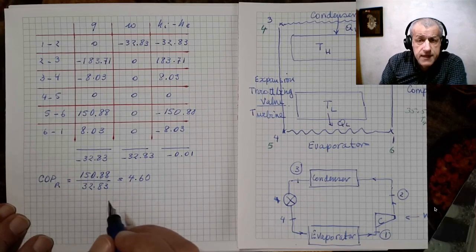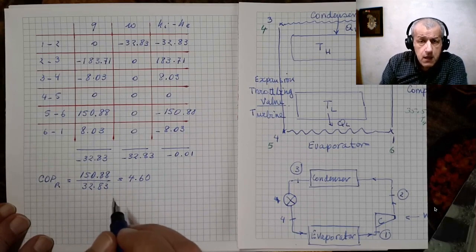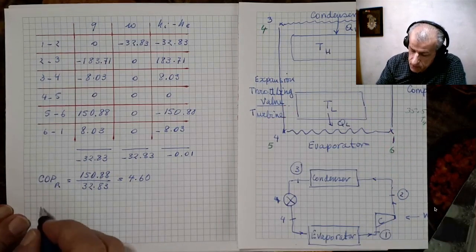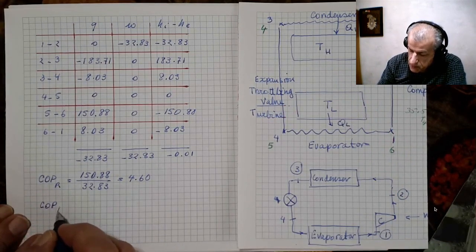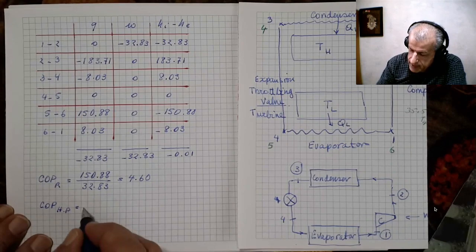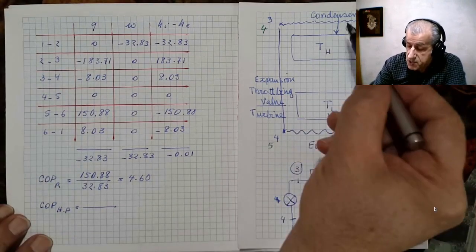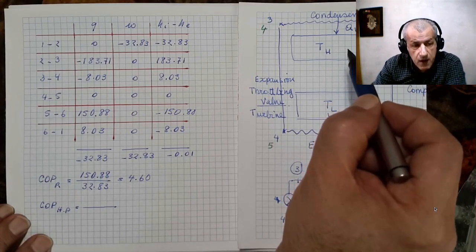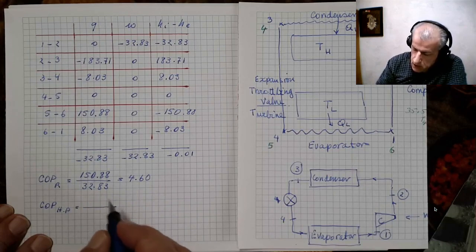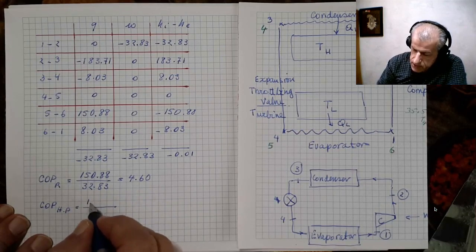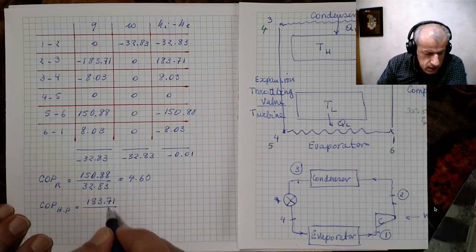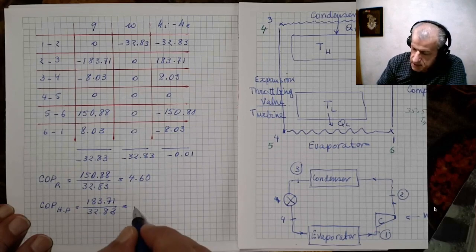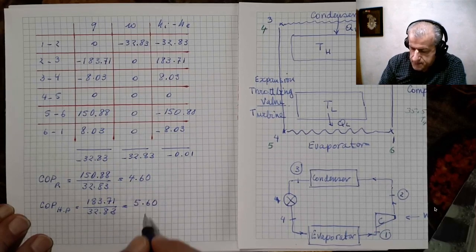Now, if this was a heat pump and our intention was to warm this warmer reservoir, then we would have a different COP for the heat pump, and that would be the heat transfer we have gained from the warmer reservoir, which is 183.71 divided by 32.83, and that is 5.60.